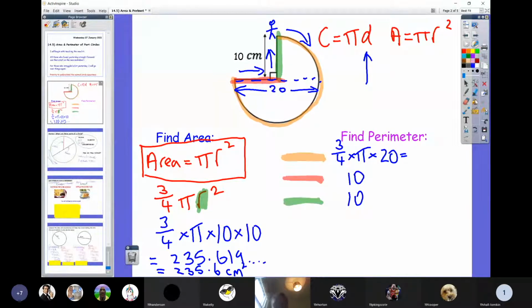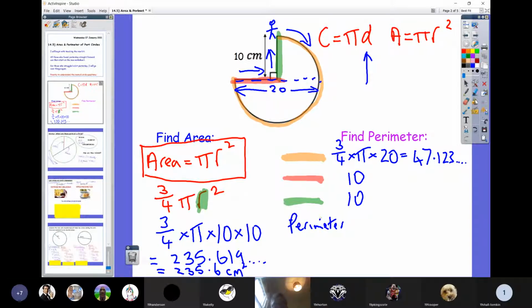Press the SD button, I get 47.123... So the total perimeter, I'm going to add those 3 lengths together, the orange length, the red length and the green length.